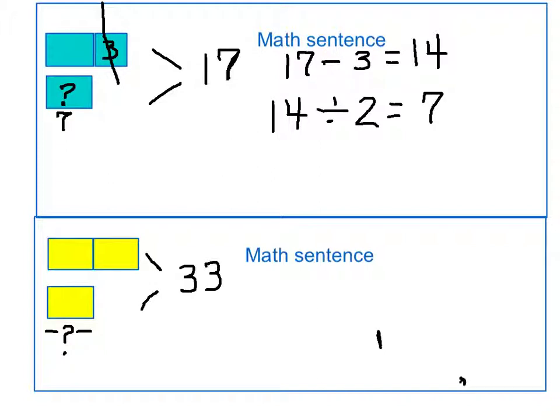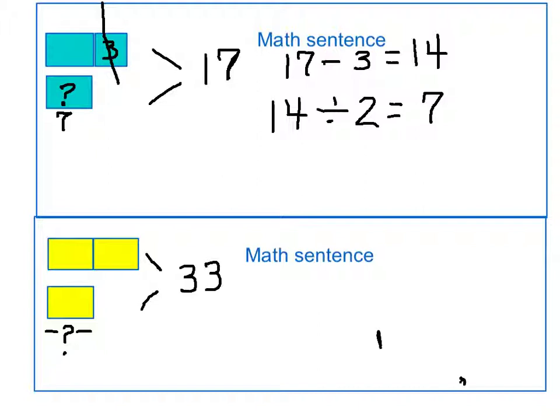In the next drawing, you will notice that we have 3 equal size units, although 2 of those units are attached. But they're still of all equal size. So what operation would allow us to split 33 into 3 equal parts?